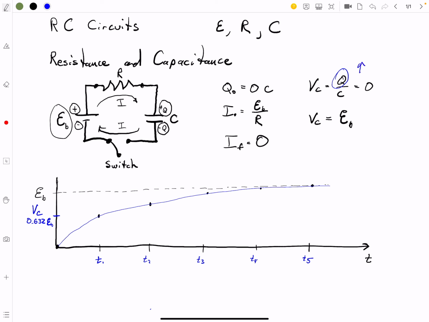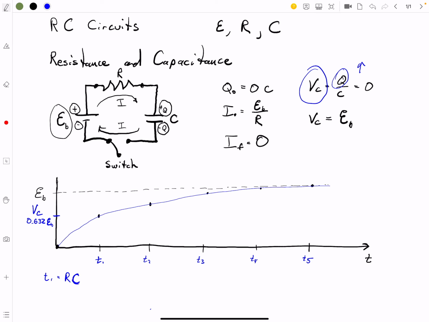So it's increasing all the time, and that's making our voltage increase across the capacitor. At certain steps along the way, we've denoted as these T1s, T2s, and T3s, they have an equality. T1 happens to equal RC.